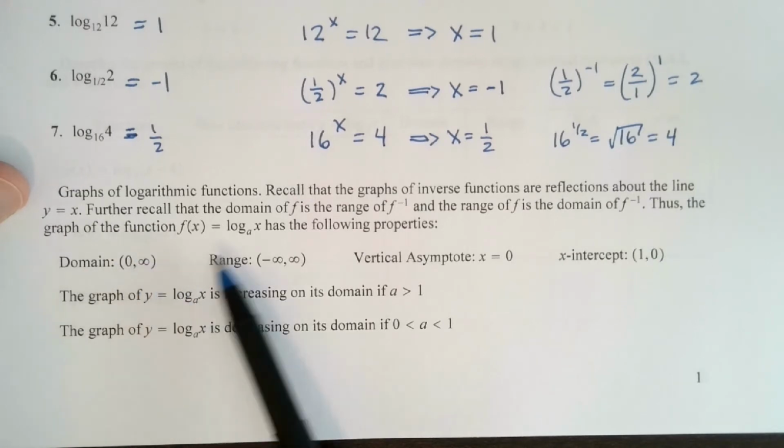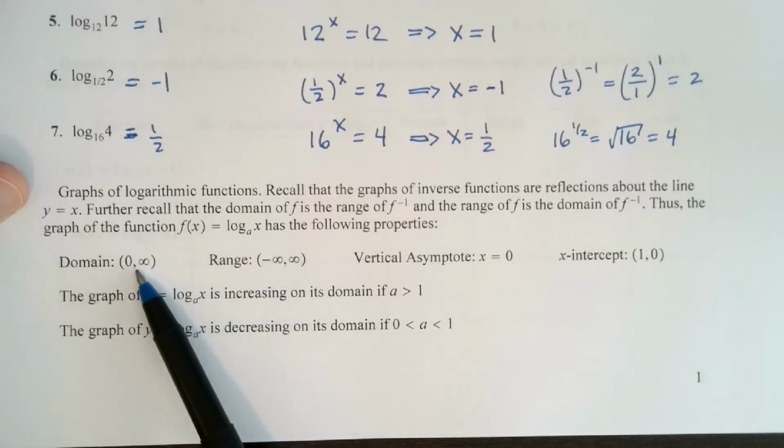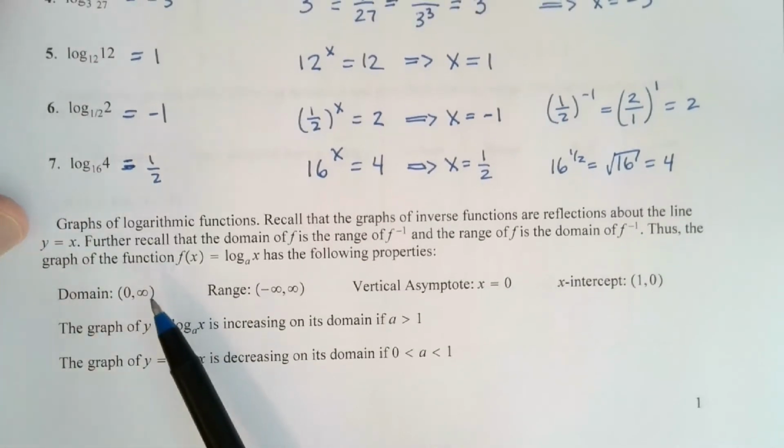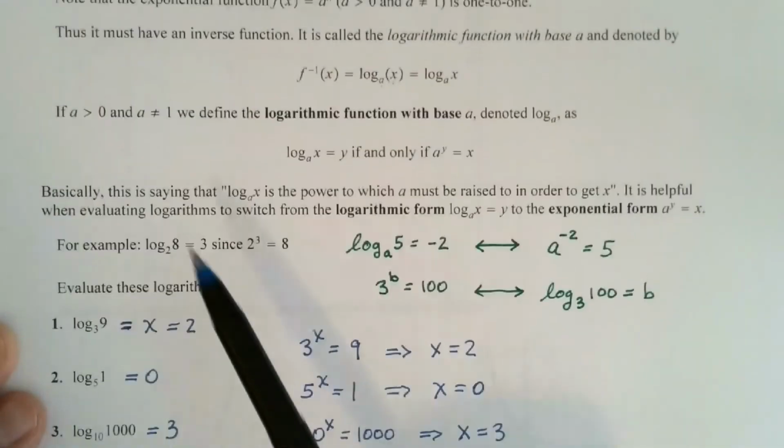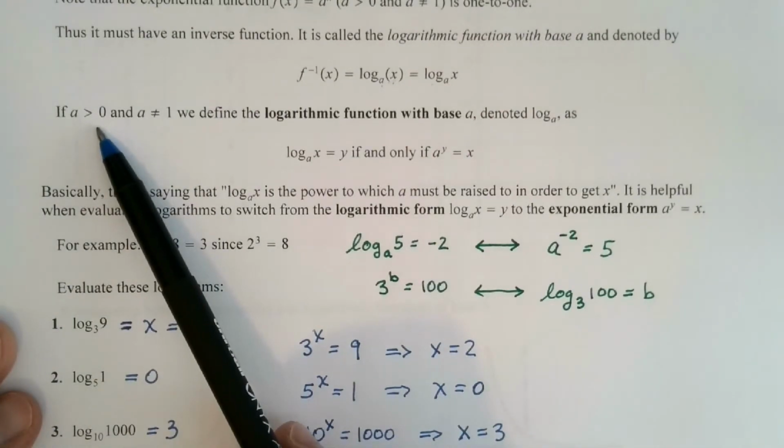But whatever I plug into this function has to be greater than 0. Okay? Because why? Because if I take any base and raise it to any power, I'm going to get a positive result. Remember, our bases here are always positive. The base a, right? Remember, in the definition, the base a is positive, always.